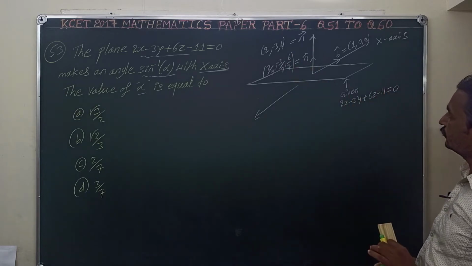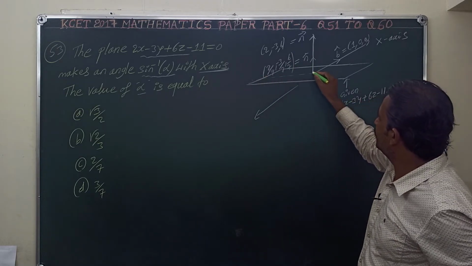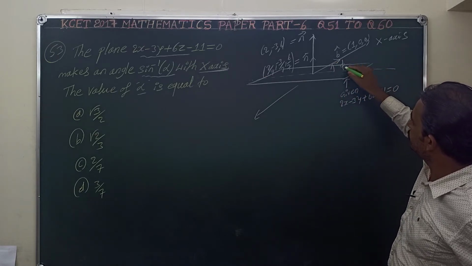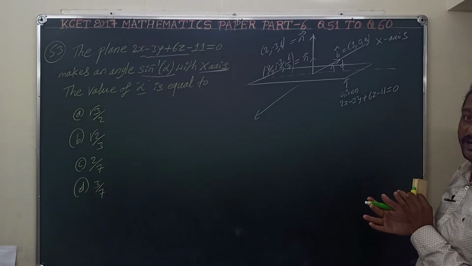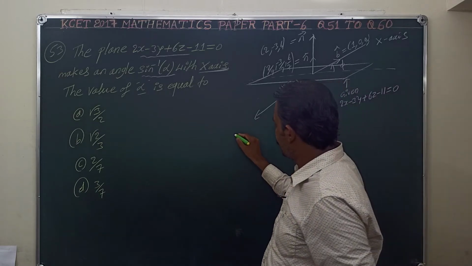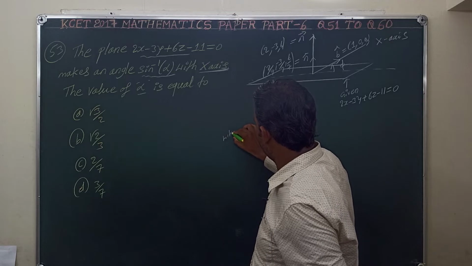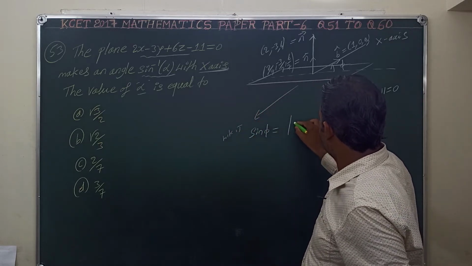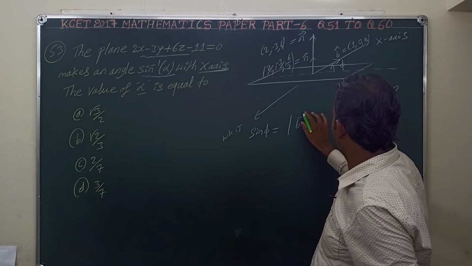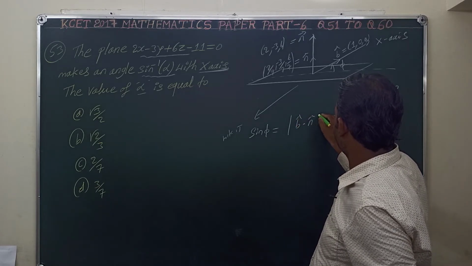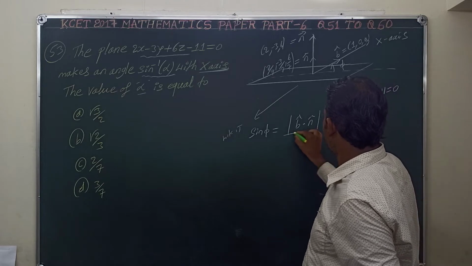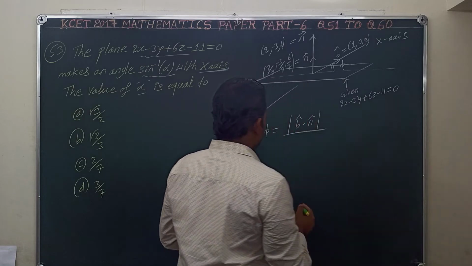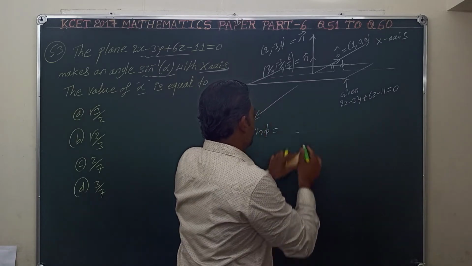In this case we have to find the angle between the x-axis and the plane. Call this angle phi. We know the formula: sin phi equals magnitude of b dot n cap divided by magnitude of b, or n dot b, commutative, whatever it may be.